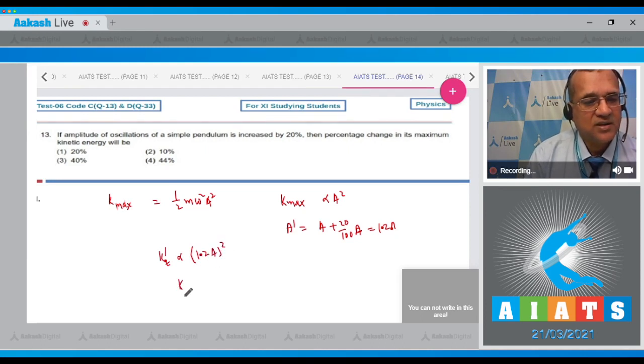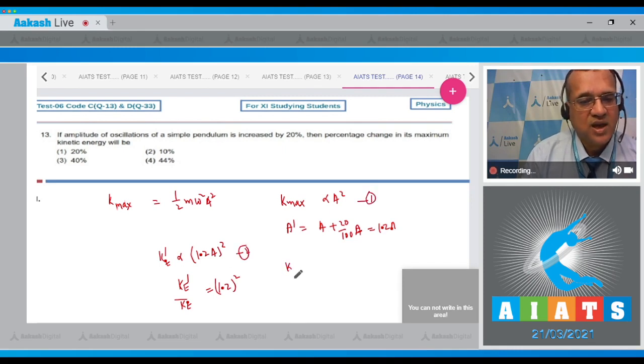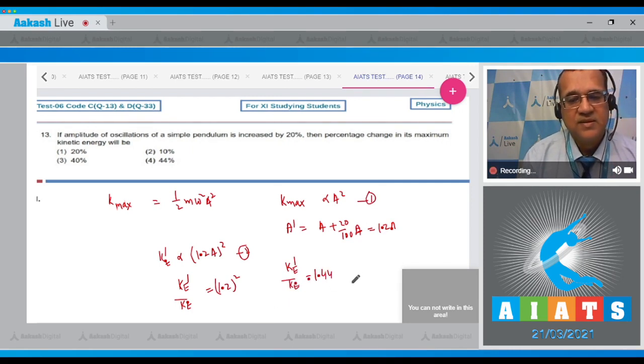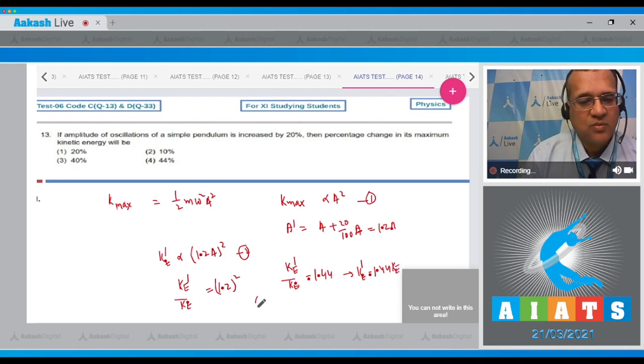So if I divide the new kinetic energy by the old kinetic energy, this is equal to 1.2 squared. So K new to K old is equal to 1.44. So K prime is equal to 1.44 times the initial kinetic energy. And what is the change?